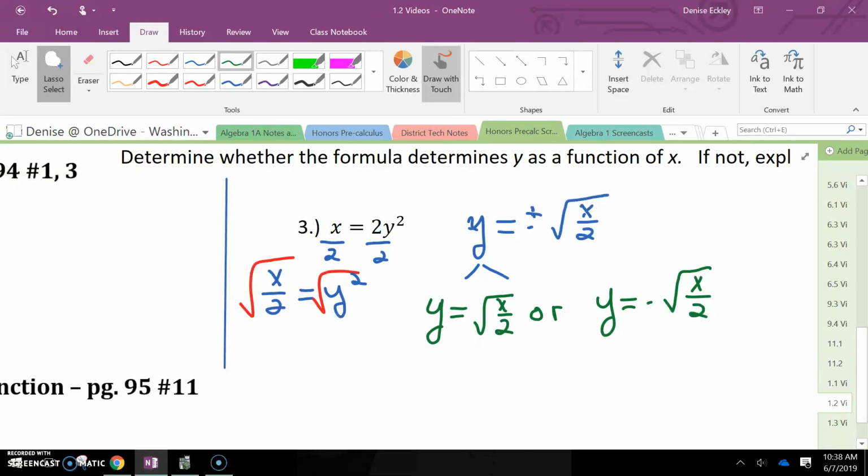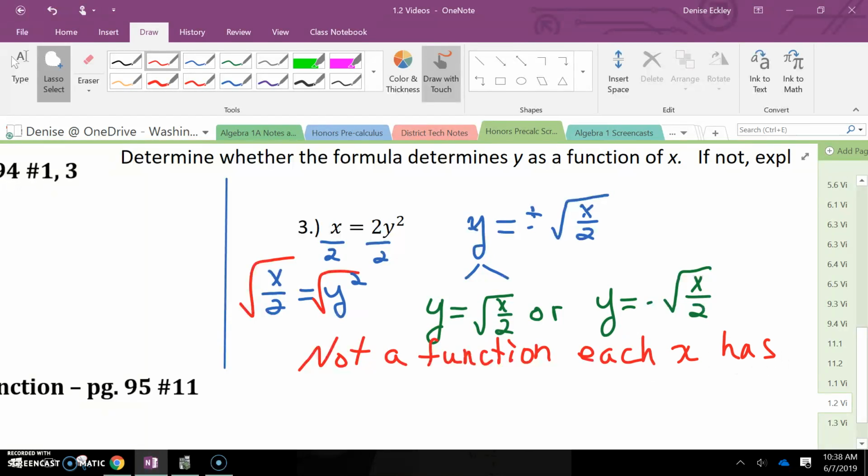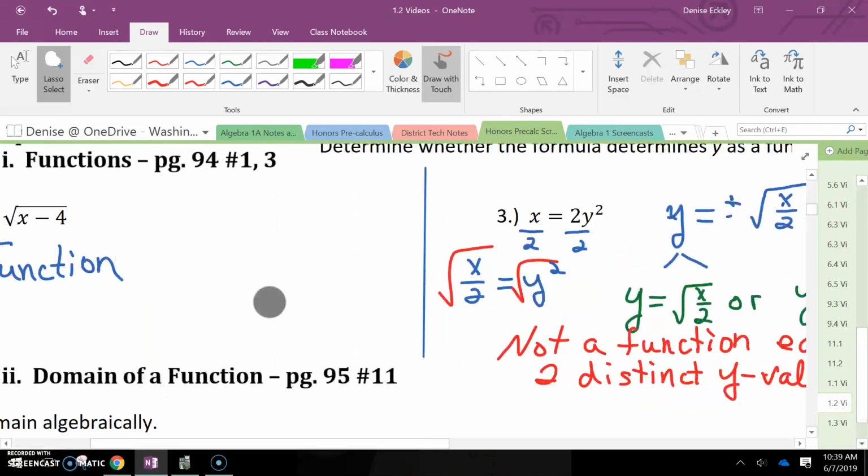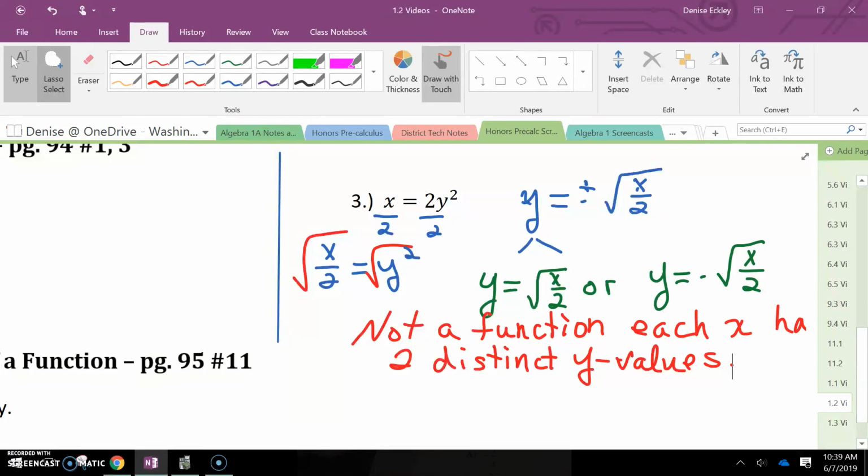So this is not a function, and my reasoning is going to be each x has two distinct y values, which is not allowed. It has to have one y value. So my original equation was a function, and my second one, number 3, is not a function.